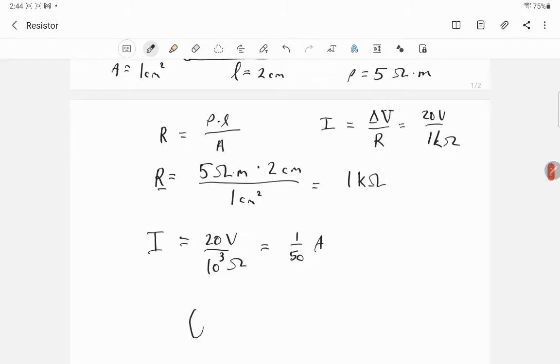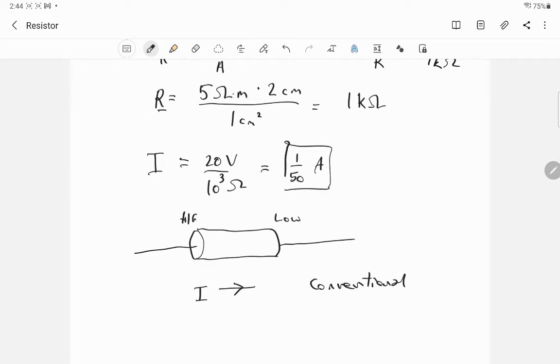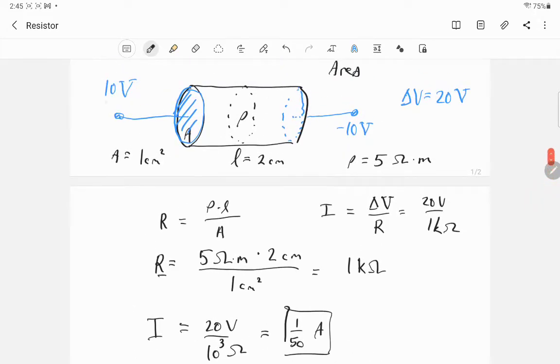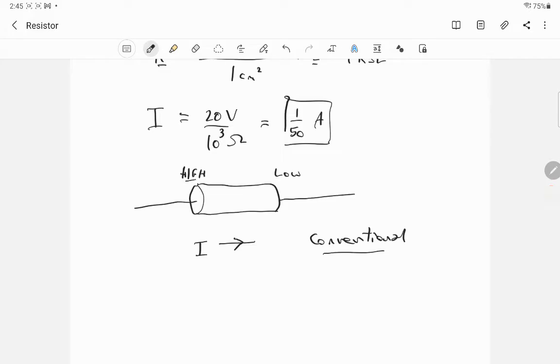The current is going to flow, as labeled by I. It's a conventional current, and the conventional current is flowing towards the right from the high potential to the low potential, right? Remember, it's higher on this side than on that side. This is the big value, and this is the little value. And the conventional current goes from high up down to low down, so that's the direction from left to right.